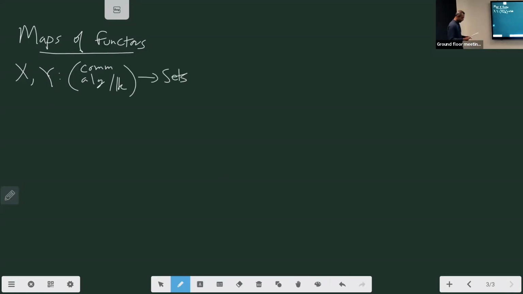Then I can ask the following question. I can consider maps between them. A map f from x to y is the following data.